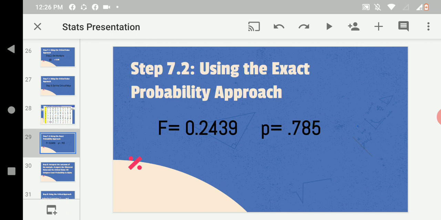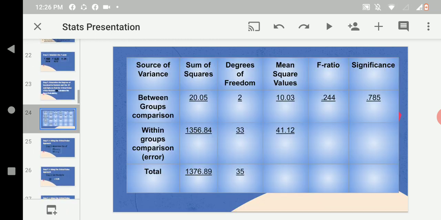So we have the F ratio, the value of 0.2439, or 0.244, and our p-value 0.785. That is already given in our table there.